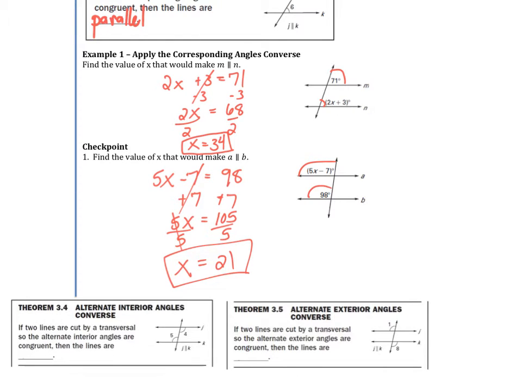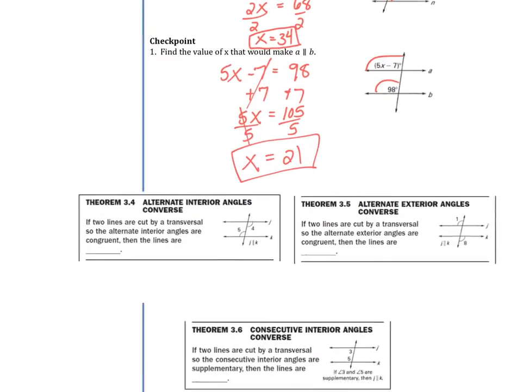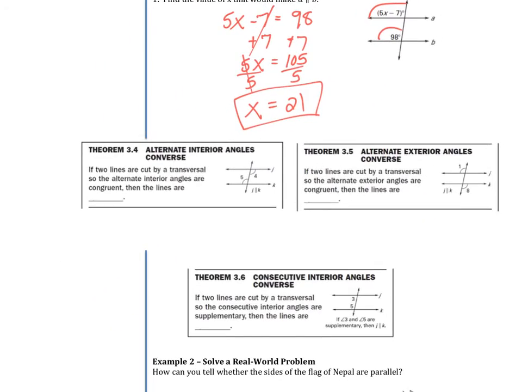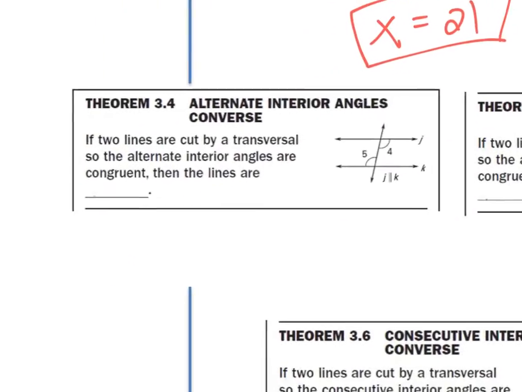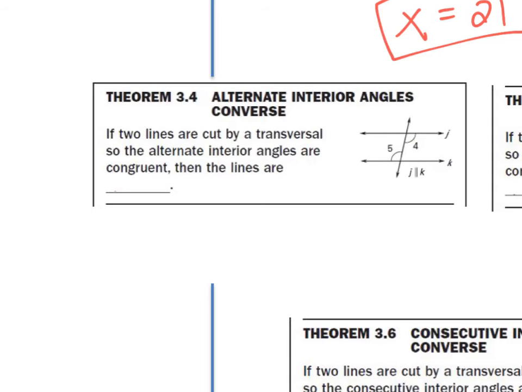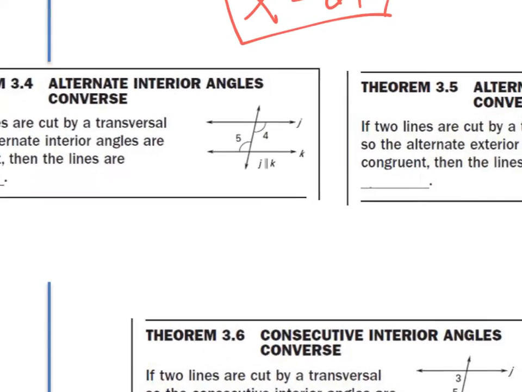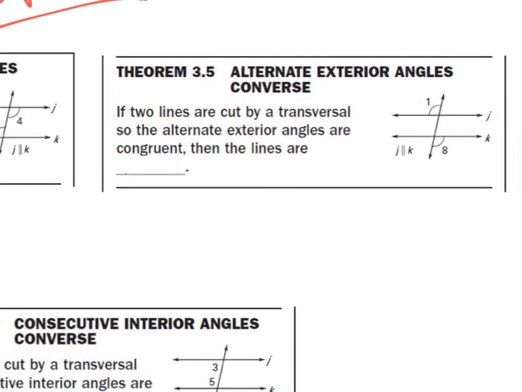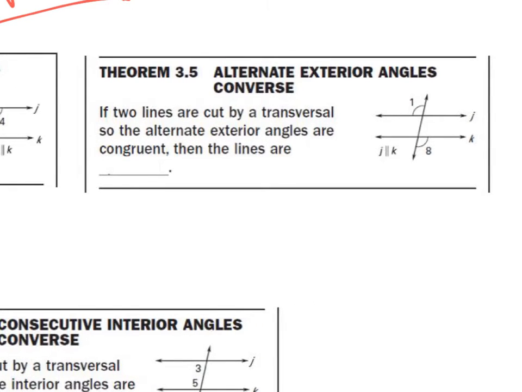So again, we're trying to find out how we can know if the lines are parallel. If the corresponding angles are equal, then they're parallel. Theorem 3.4 and 3.5. 3.4 says that if two lines are cut by a transversal and the alternate interior angles are congruent, then the lines are parallel. Likewise, if two lines are cut by a transversal and the alternate exterior angles are congruent, then the lines are parallel.